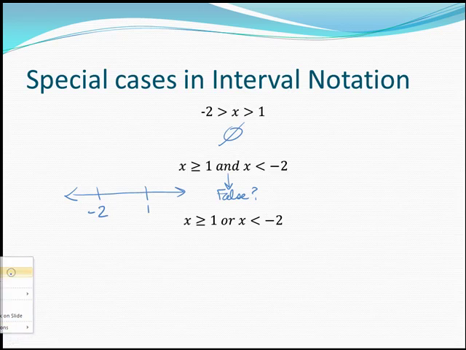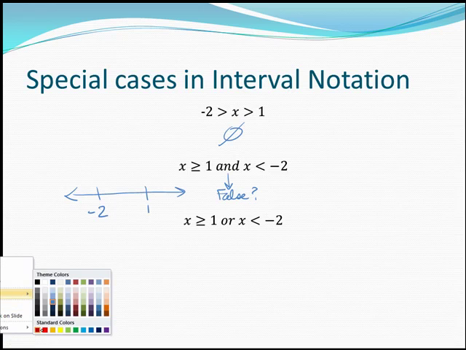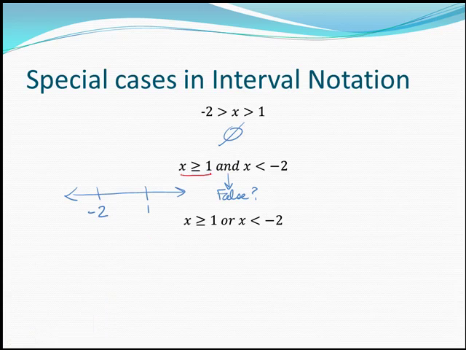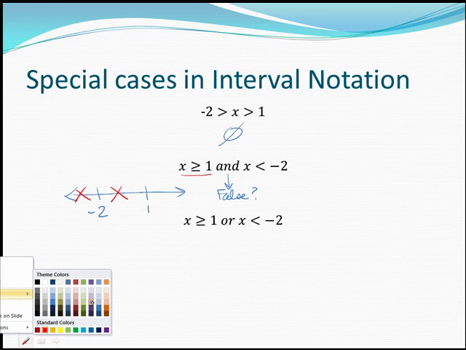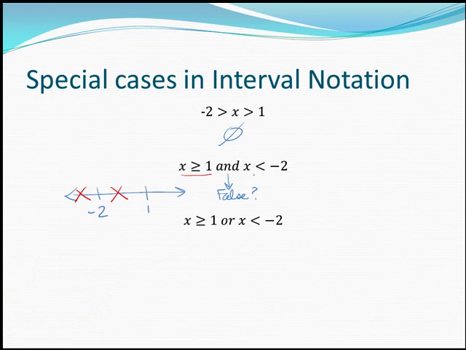So in this case, let's think about x greater than or equal to 1 means we only want numbers to the right of 1. We have to discard anything to the left. On the other hand, x less than -2, that means that we need to discard anything that's not less than -2, that's to the right of -2.